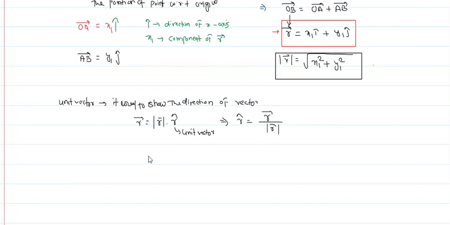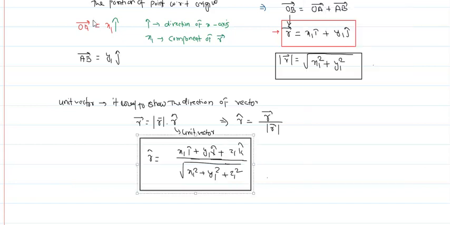To find the direction, you have r vector, which is x1 i cap plus y1 j cap plus z1 k cap, divided by root over x1 square plus y1 square plus z1 square. Correct?